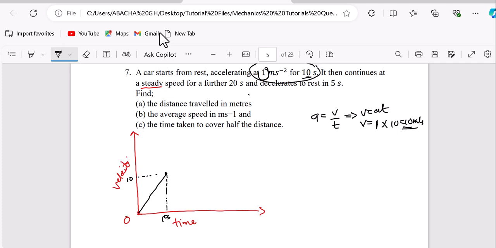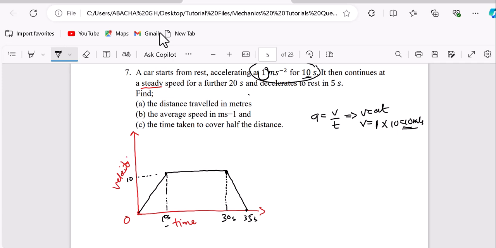Steady speed means it is horizontal for 20 seconds. Adding 20 seconds to this 10 seconds gives us 30 seconds. It then decelerates to rest in 5 seconds, so it comes down like this, and we add that 5 seconds to the 30, making 35 seconds.